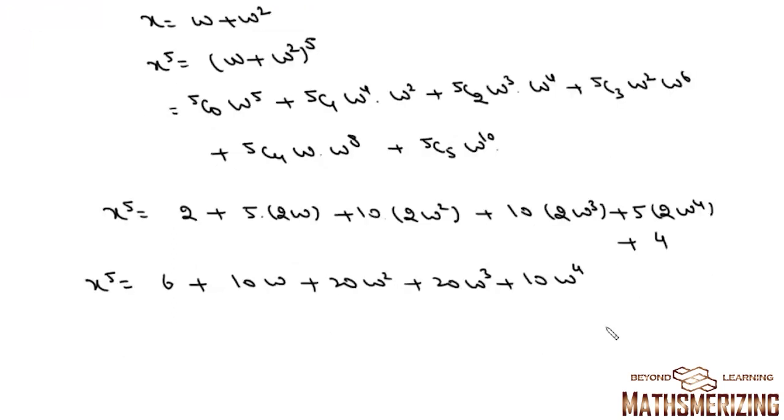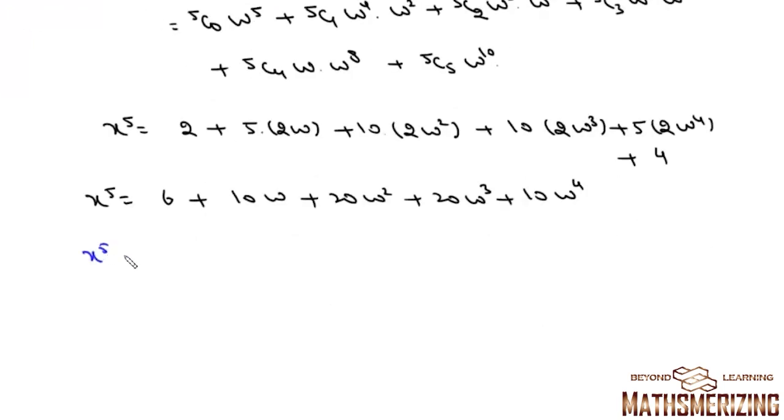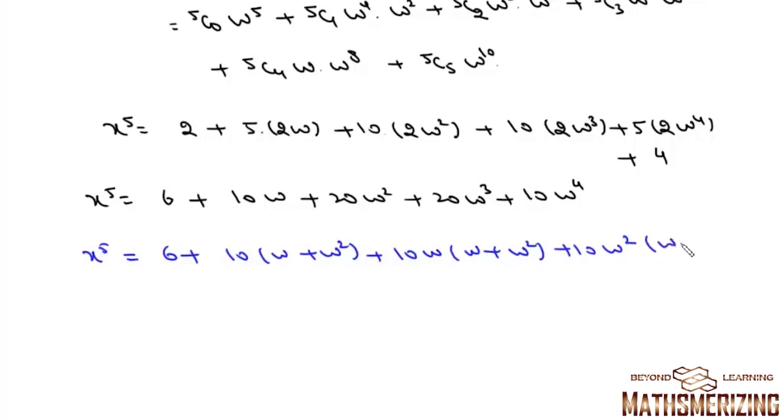Now we'll write this as x to the power 5 equals 6, and then we'll take 10 common, omega plus omega square, and then here we'll take omega common, omega plus omega square, and plus 10. Here we'll take omega square common and it'll be omega plus omega square. Now omega plus omega square is nothing but x.